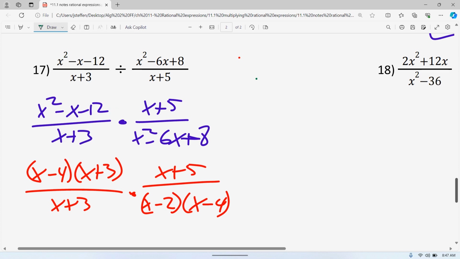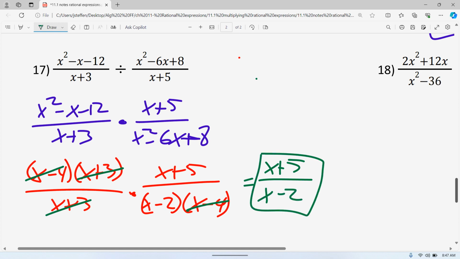So x minus 4 cancels. Nothing else cancels, so all that's left in the numerator is x plus 5 over x minus 2. Keep in mind, if everything cancels, you need a 1 in there.